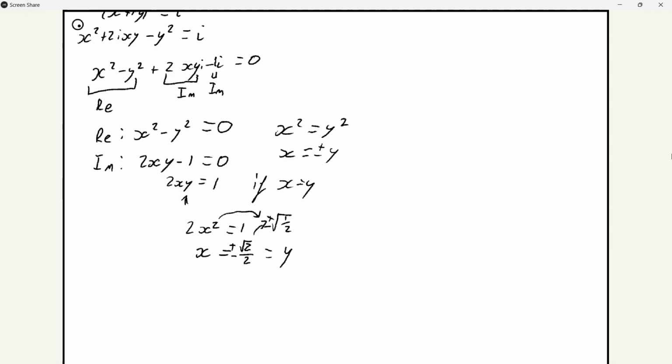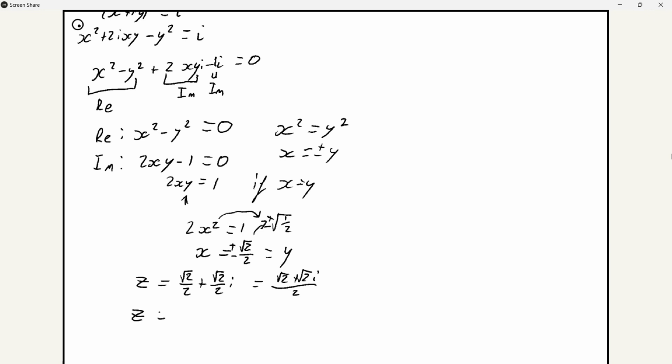So finally, subbing the positive x value back into z would give you z is root 2 over 2 plus root 2 over 2 i, which is also equal to root 2 plus root 2i over 2.